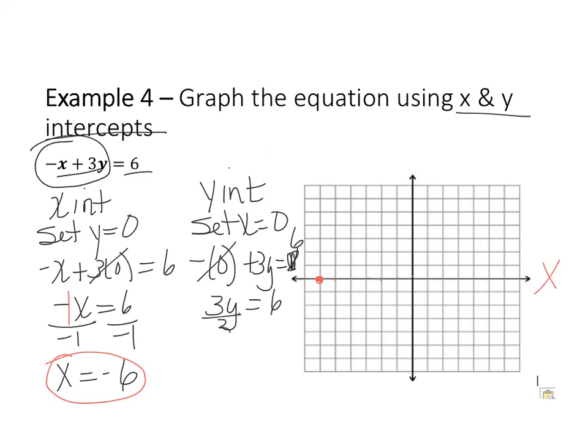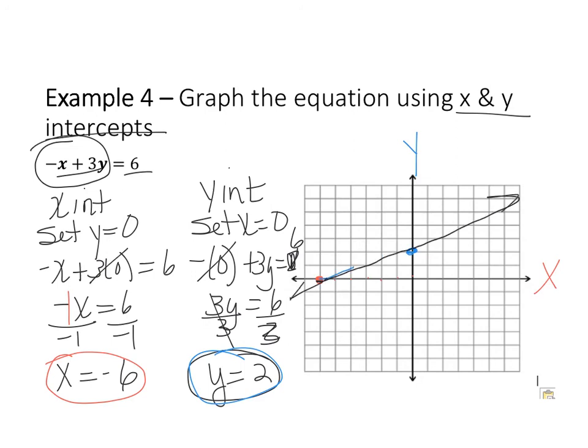I skipped ahead to the answer. Y equals 2 is my y-intercept. So I'm going to plot that right there on the y-axis. And now when I connect the dots, I have the graph of that line using the x and y intercept.